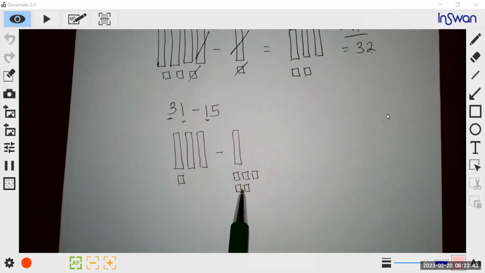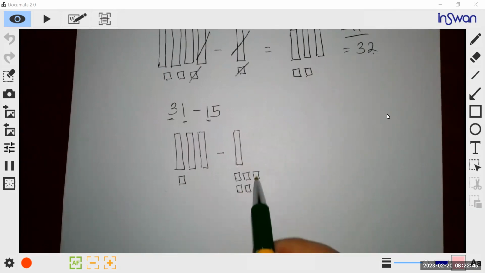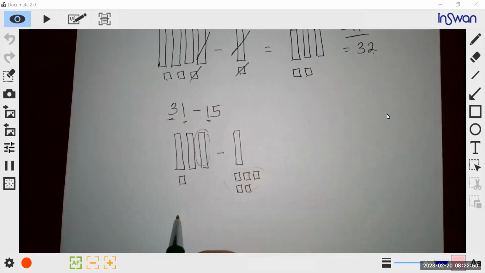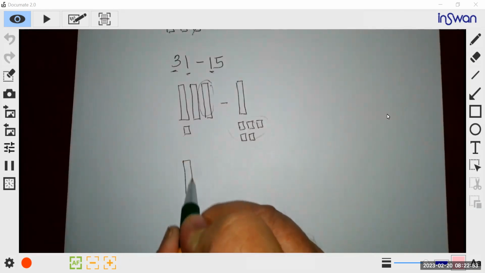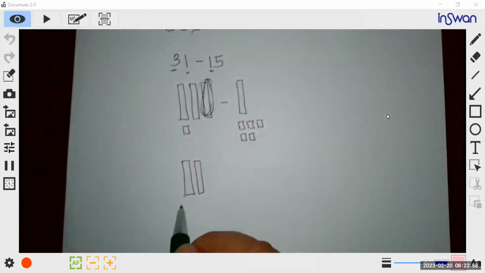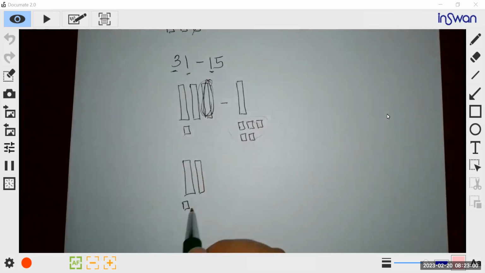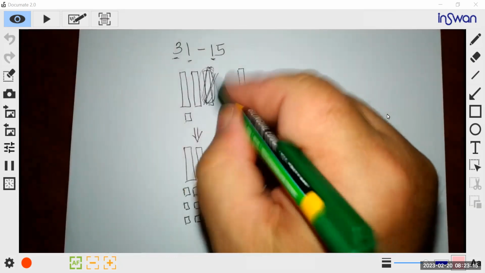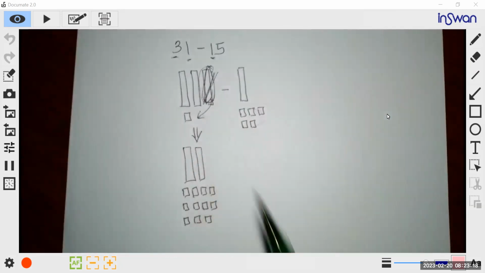I think some of the 5 boxes that I want the long bars. Right, because we don't have 5 boxes here to take. We have to take one of these. Remember, these are worth 10. So we have those 10 plus 1, so we have 11. I took away 1 bar and I put it in the ones.